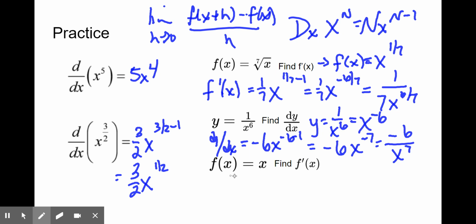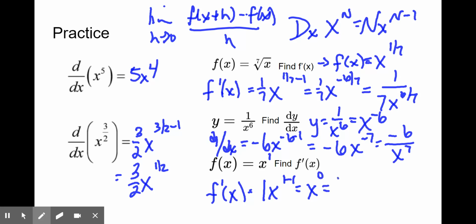All right, and here's another one. It also uses the power rule. f of x equals x, although it's a little different looking. To start, I want you to find f prime. Now remember, there's no exponent up here, but there is. There's a 1, but we never write it. So the derivative of this is 1. Bring down the 1, leave the x, take 1 from the power, and you'll have x to the 0.